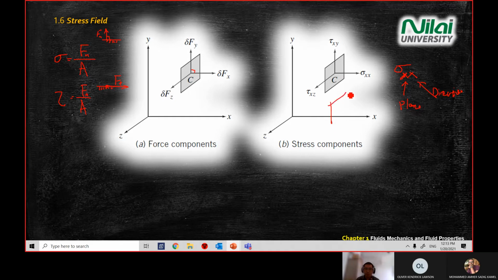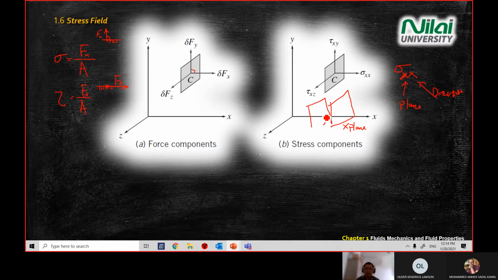If you're having a 2D plane, this is the x plane, meaning this 2D plane here cuts through the x-axis. So we have plane 1, plane 2, on the x-axis.